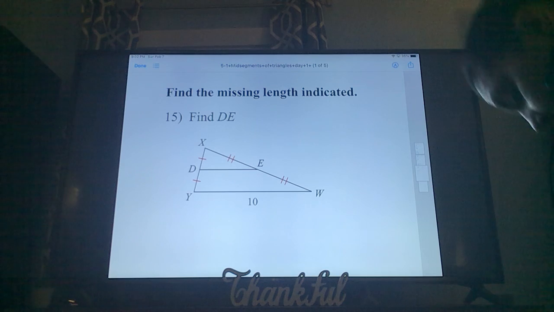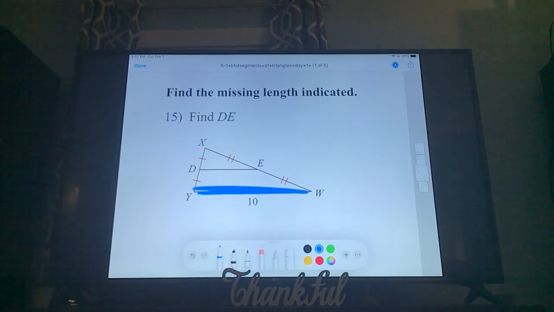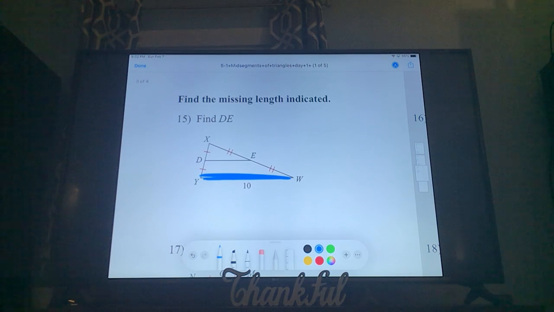So this next part says find the missing length indicated. They want you to find DE, and the properties are pretty much the same. So you need to look at what's given. Line segment YW is parallel to what?